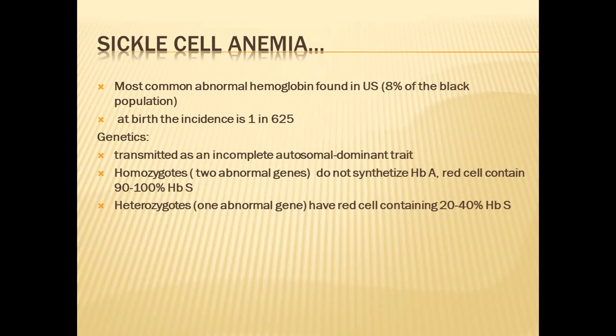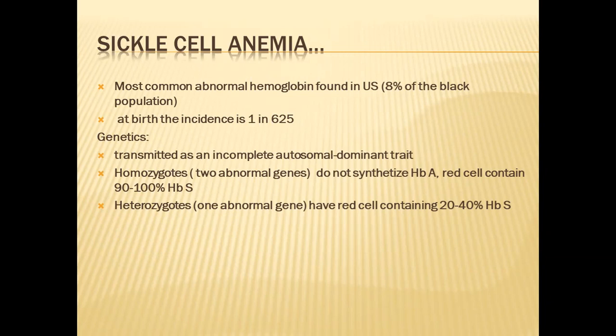The most common abnormality of hemoglobin found in the US, let's say about 8% of the black population, suffer from this sickle cell anemia. And at birth, the incidence is 1 in 625 births.